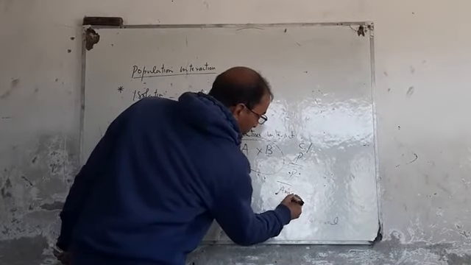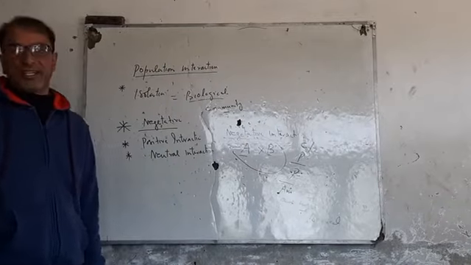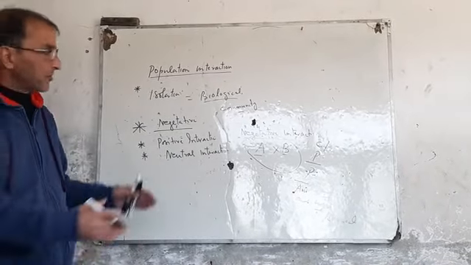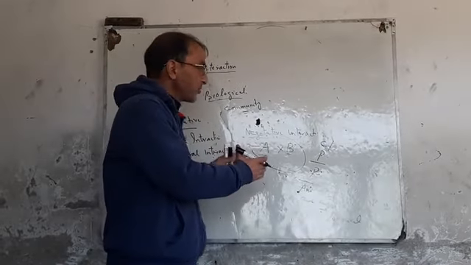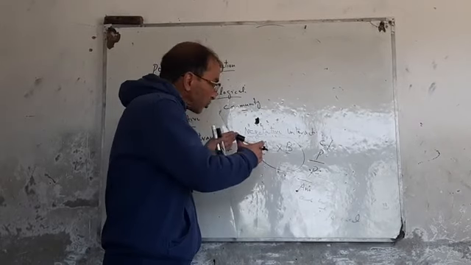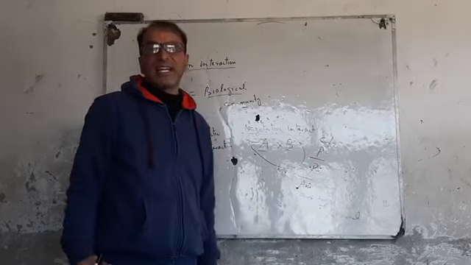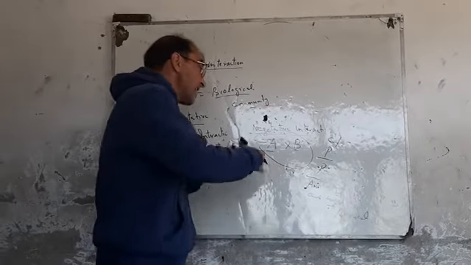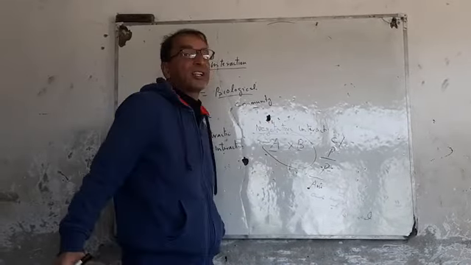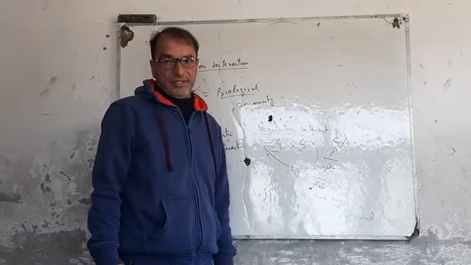These are four examples of negative interactions. I told you that in negative interactions, out of the two interacting species, one is definitely harmed, and sometimes both can be harmed.